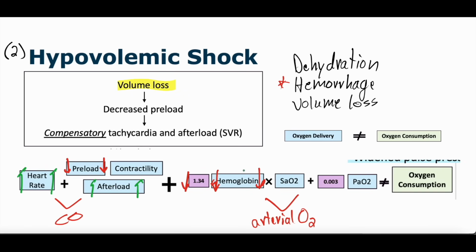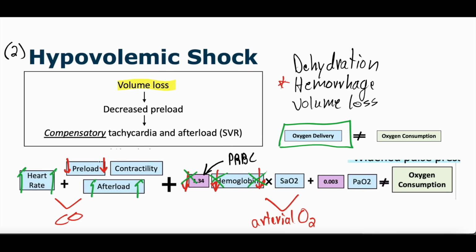So what can we then do to help optimize the oxygen delivery portion of this equation? Well, if they're bleeding and their hemoglobin's dropped, you can give them blood transfusions, right? You can increase their hemoglobin. Transfuse PRBCs, packed red blood cells. All right.